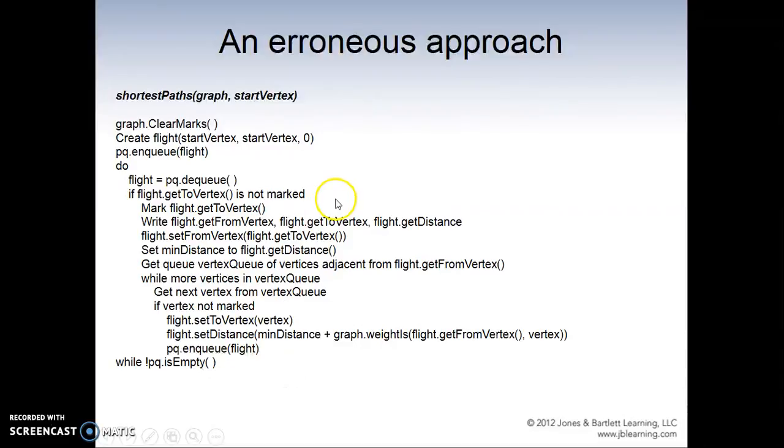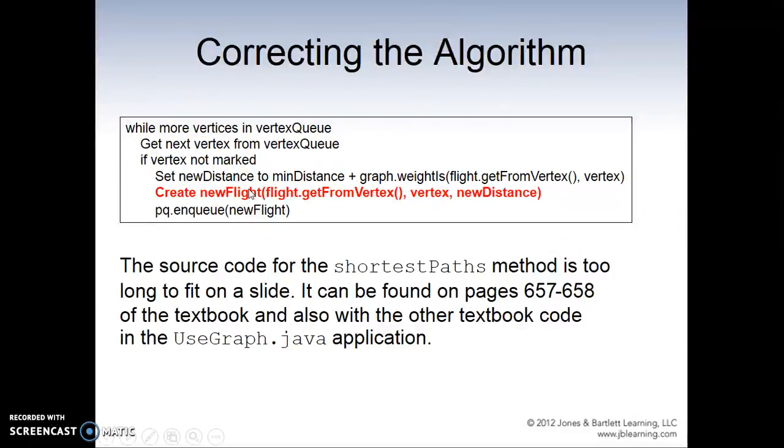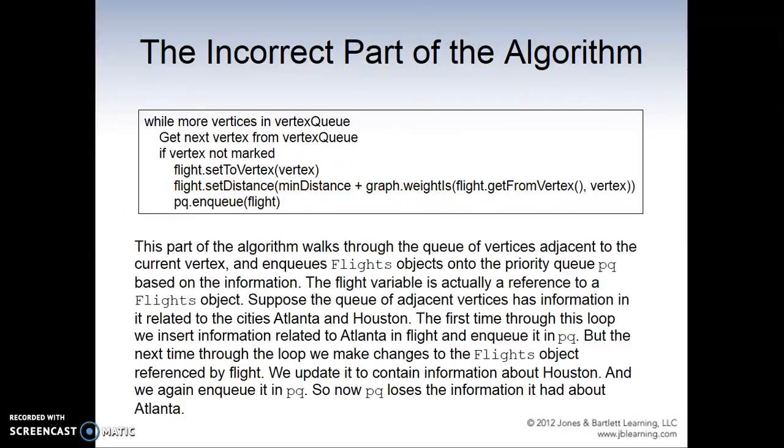Don't focus too much. So now let's focus onto this one, right? We said while more vertices in vertex Q, get next vertex from vertex Q. If vertex not marked, so we set to vertex and get a distance.